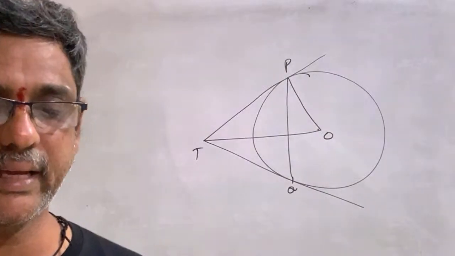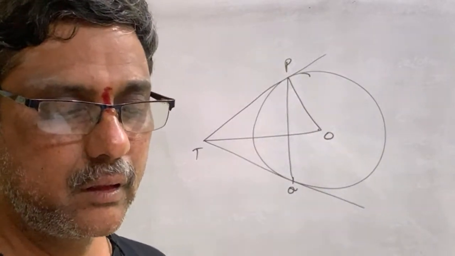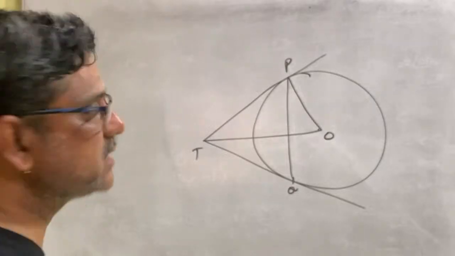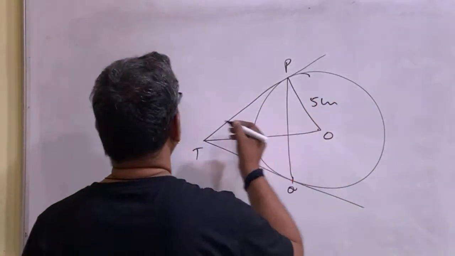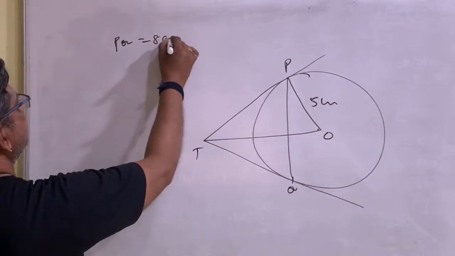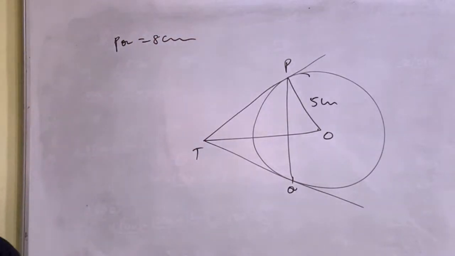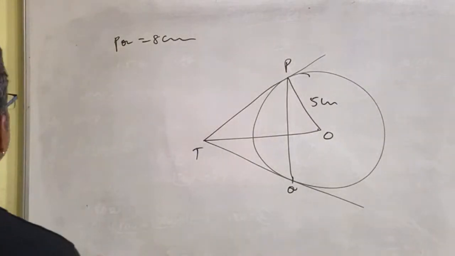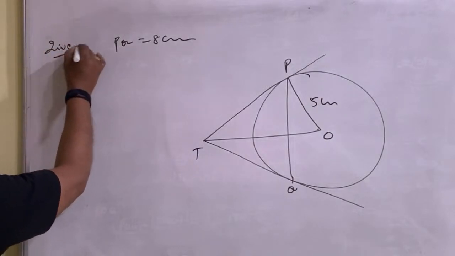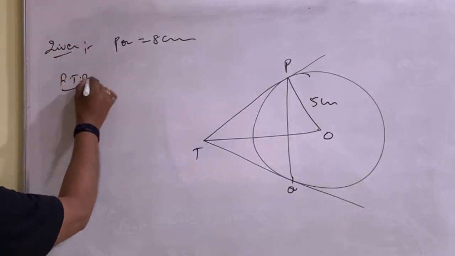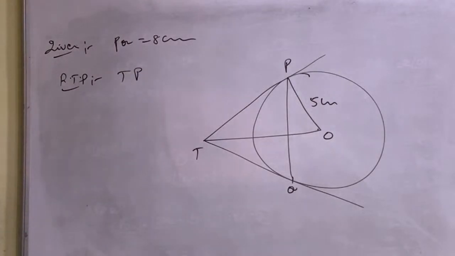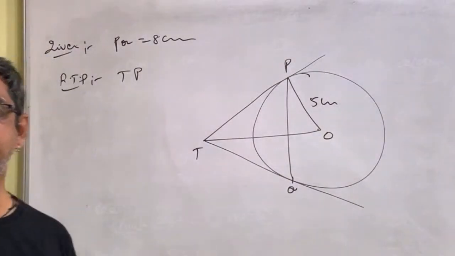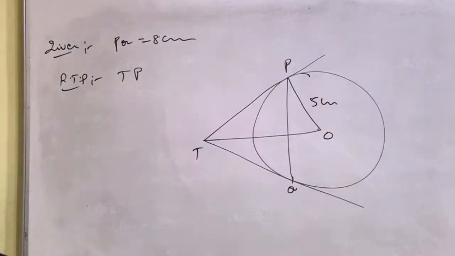TP and TQ are two tangents. The radius is 5 centimeters, and the length of the chord is given as 8 centimeters. What we have to find out, required to prove, is the length of the tangent. Okay, children? Very, very important question.